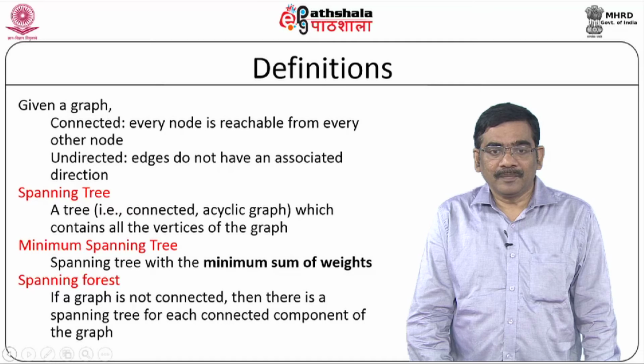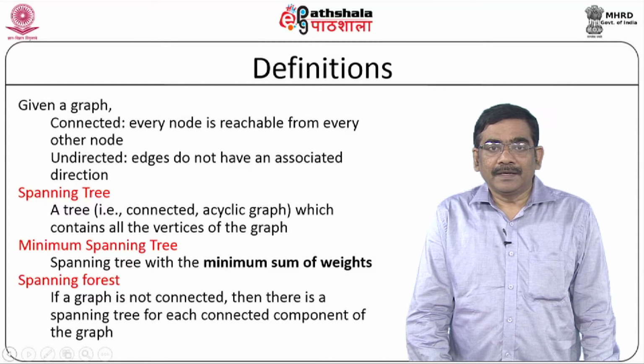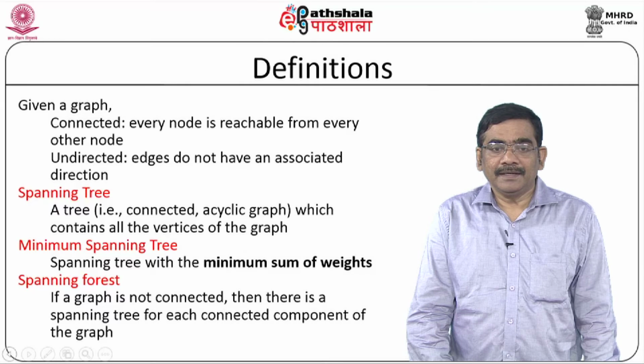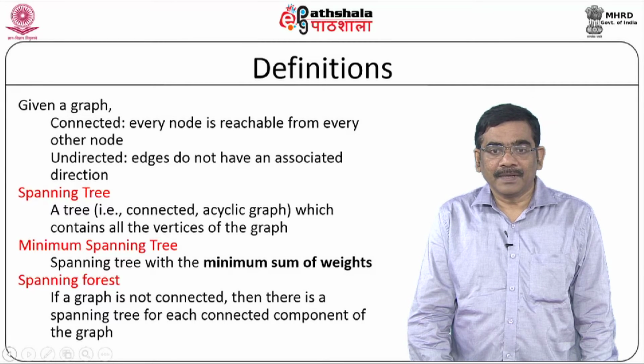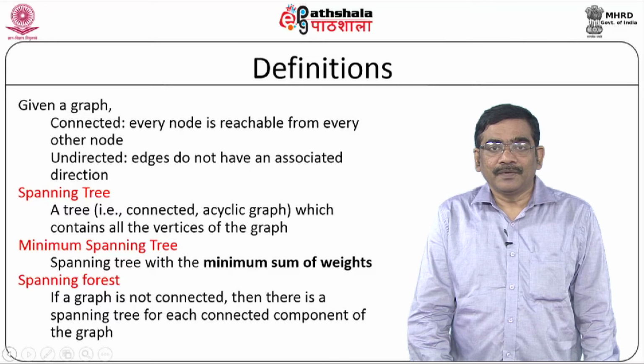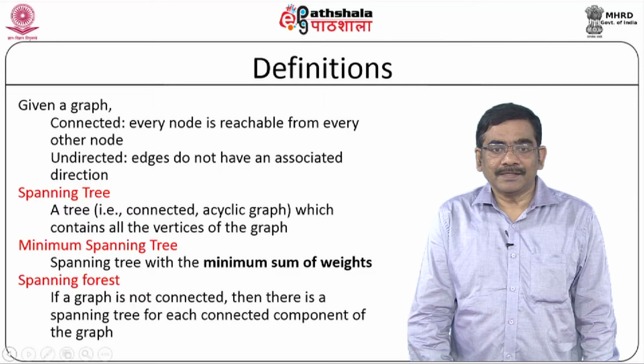Undirected graph means edges do not have any associated direction. Then spanning tree is a tree that is connected acyclic graph which contains all the vertices of the given graph.